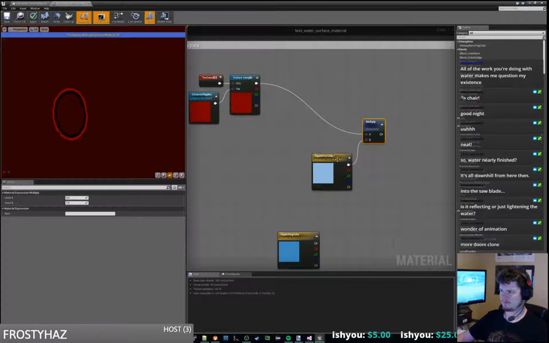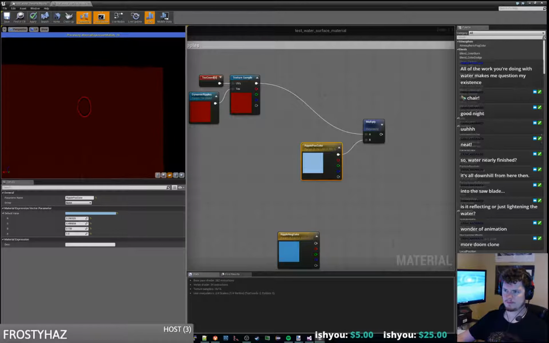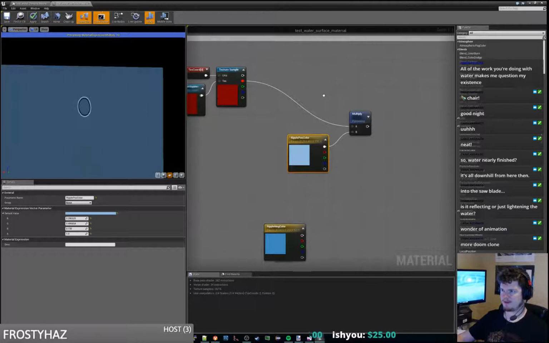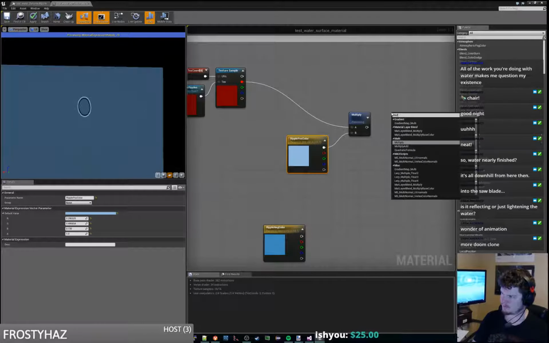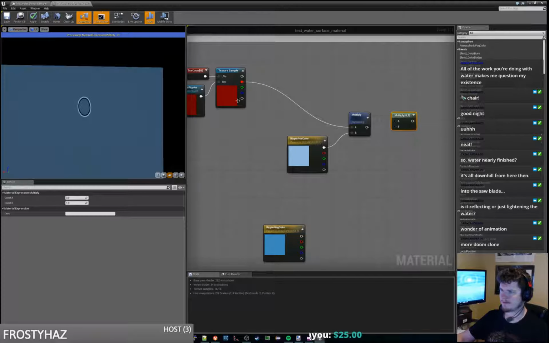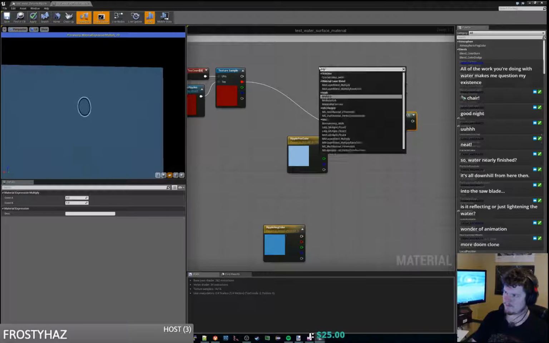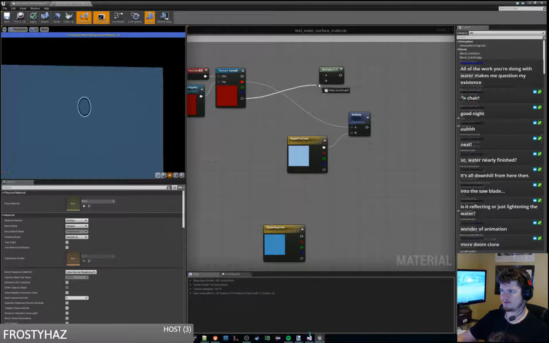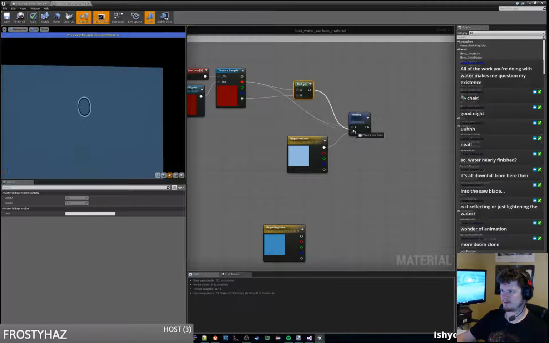So it just looks like that. And then we multiply that by our mask. So we just do our mask multiplication here at the start, and then maybe just multiply that out.